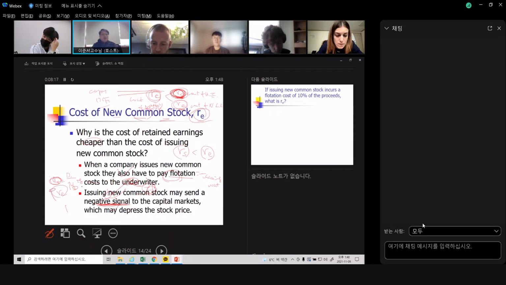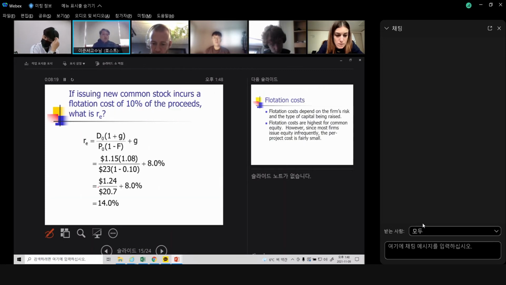Here's the example. If issuing new common stock incurs a flotation cost of 10%, so if we assume that the flotation cost is 10%, then what is the cost of new common equity? So other things held constant. In the previous example, we already figured out RS is 13.4%, right?